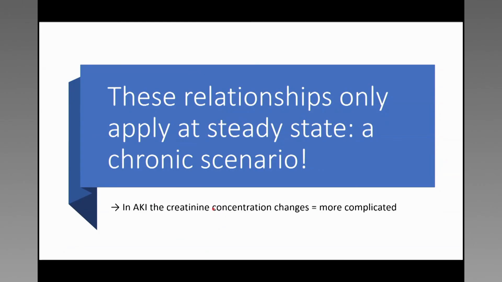What this means here is that, similar to talking about steady state conditions for drugs, much of the discussion that we've already had only applies if you're at steady state conditions for creatinine and the kidney function. And this doesn't occur with acute kidney injury. And so let's now talk about that, because that's another level of complexity.